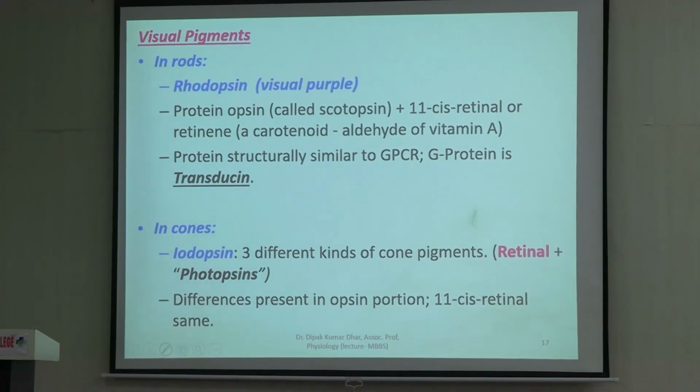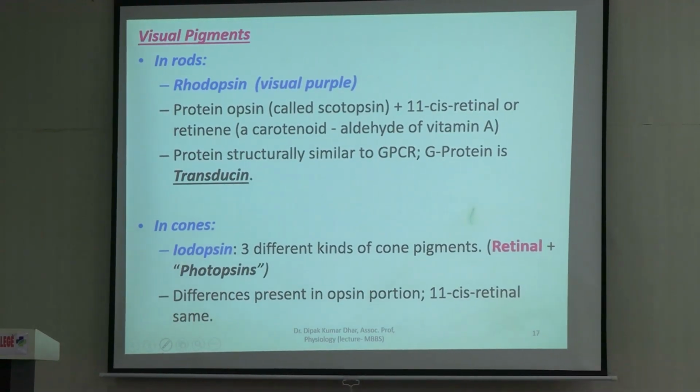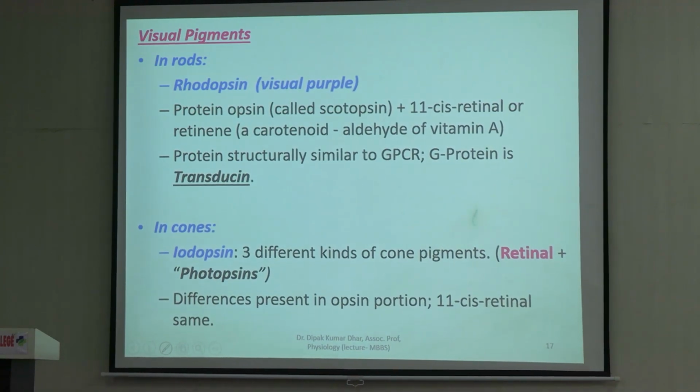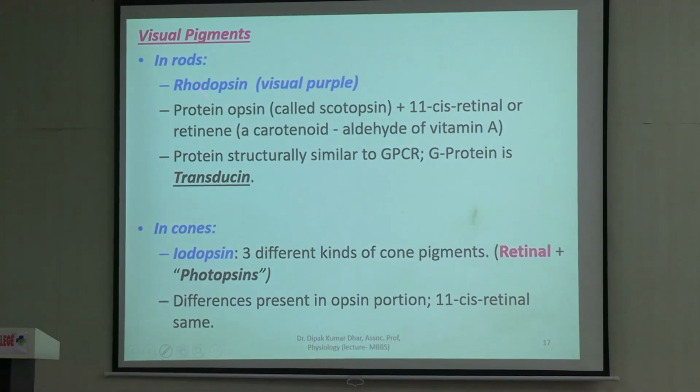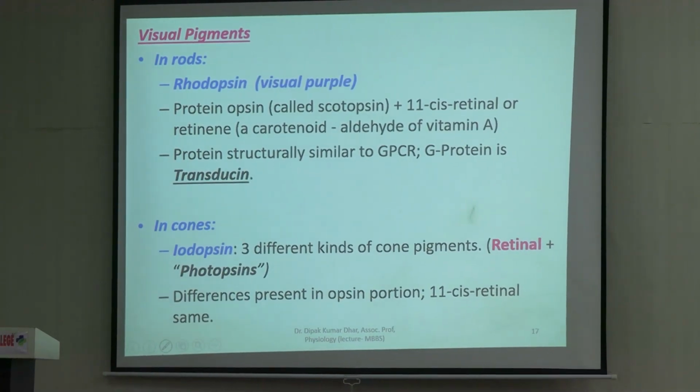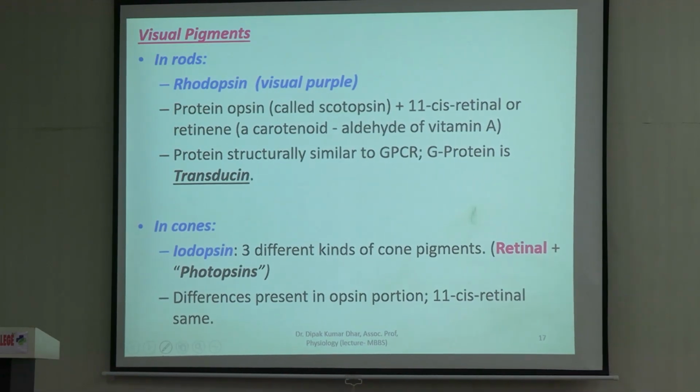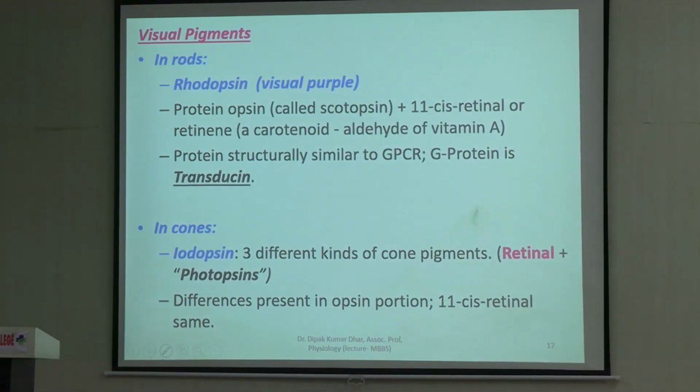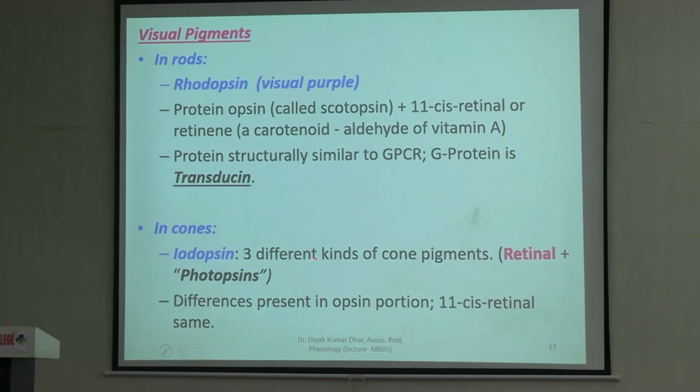Protein एक में है scotopsin, in one it is photopsin. तो I'll go back again. तो इसको थोड़ा सा आप समझो, like you don't confuse in the names. Rhodopsin is composed of scotopsin and 11-cis retinal, right? And iodopsin is composed of photopsin and 11-cis retinal. So photopsin and scotopsin are the two proteins which are present in the pigments.